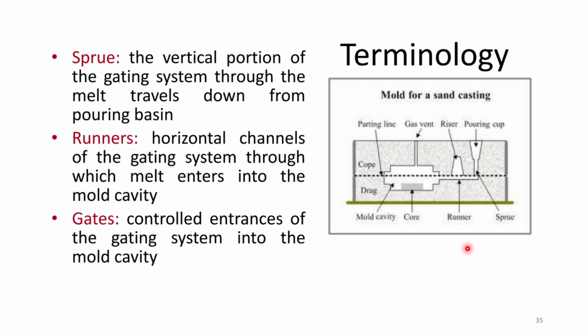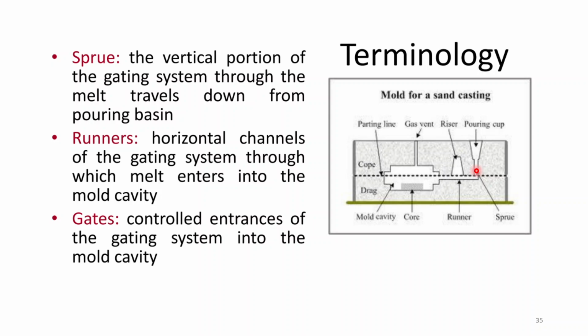Next you have runners, which are horizontal channels of the gating system. So runner is this horizontal part. Sprue is where you are pouring. After the pouring cup you have the sprue in between. Runners are the horizontal channels of the gating system through which melt enters into the mold cavity.